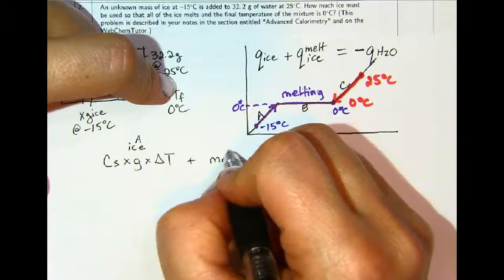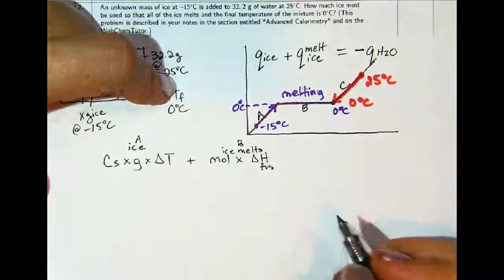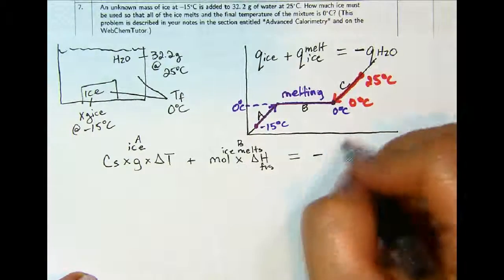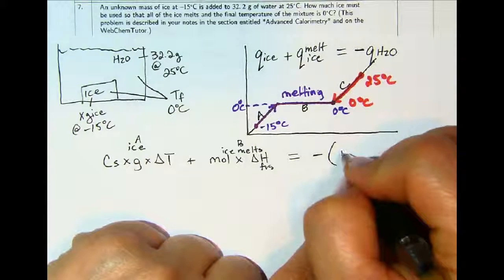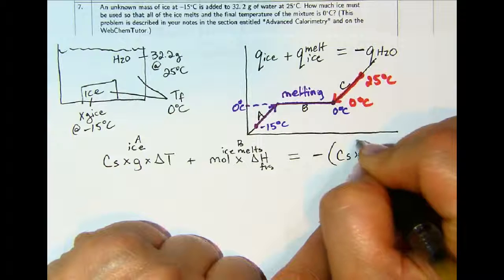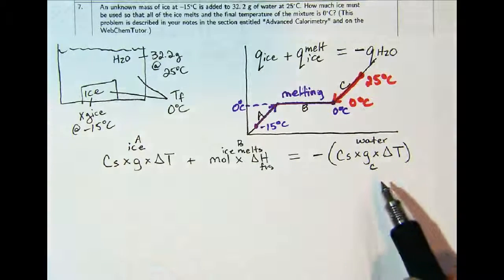So we'll call this ice melts, and that's segment B. That should be equal to the negative of segment C, which is Cs times g times delta T for the water. So that's segment C.